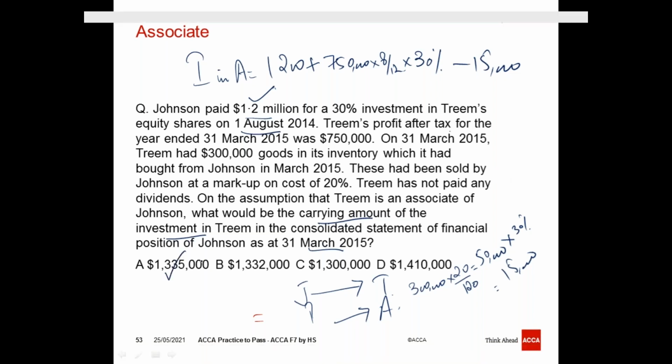Wonderful. If the associate sold goods to the parent, then you don't need to adjust the investment in associate. Okay.